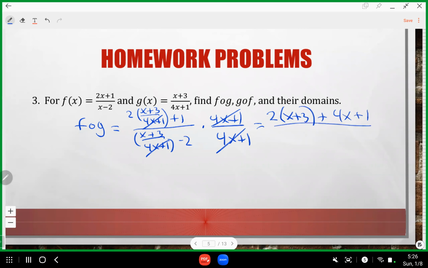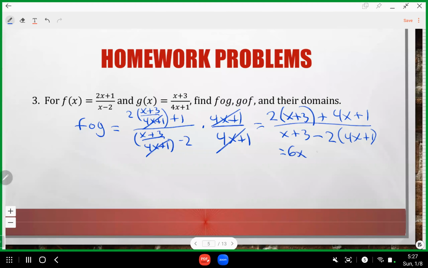And then after that, we turn the plus 1 into 4x plus 1. And then the negative 2 to negative 8x. Yeah, negative 8x minus 2. After that, I just distribute the 2 times x plus 3, which is 2x plus 6.